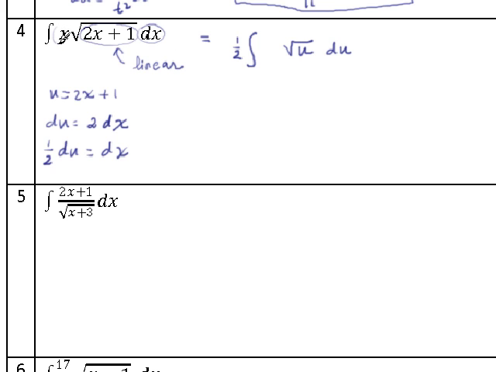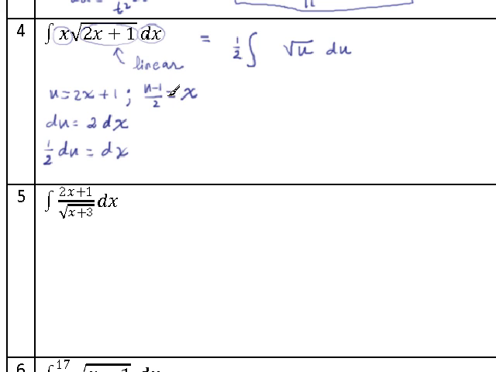But what do we substitute for x? Well, we're going to have to solve for x right here. So u minus 1 is equal to 2x, so u minus 1 over 2 is equal to x. So we're going to replace this x with u minus 1 over 2.